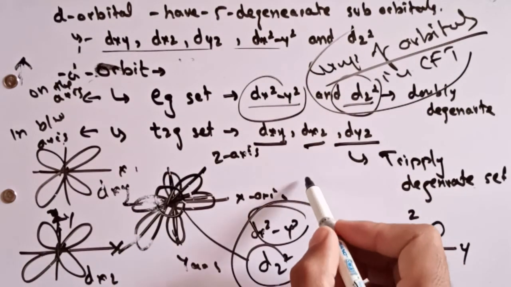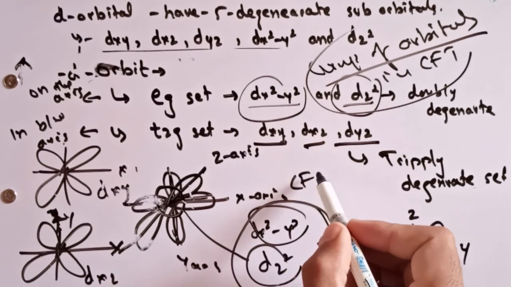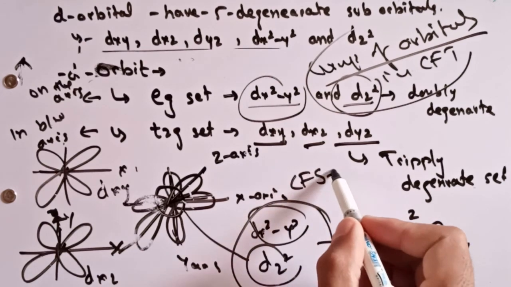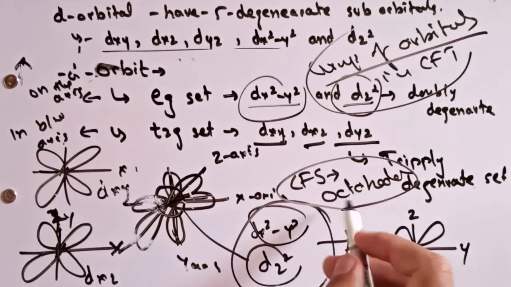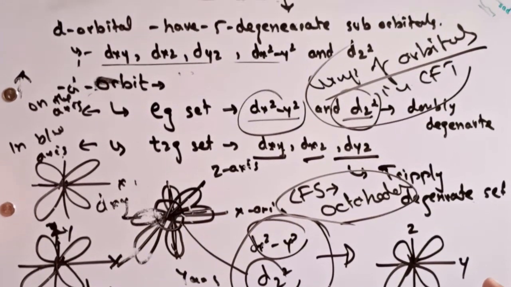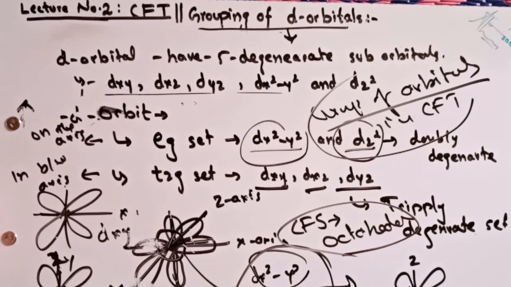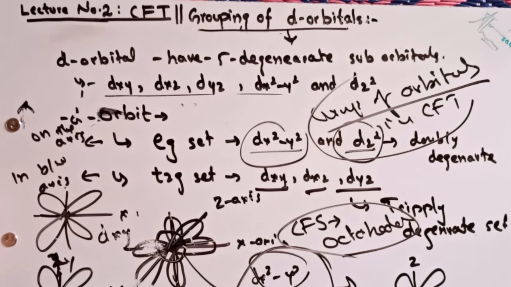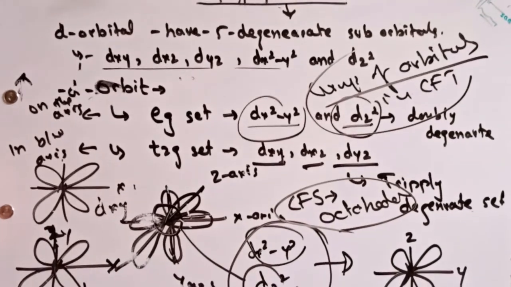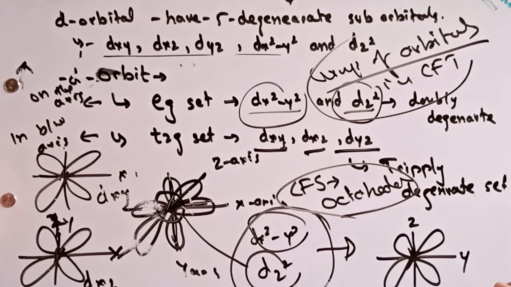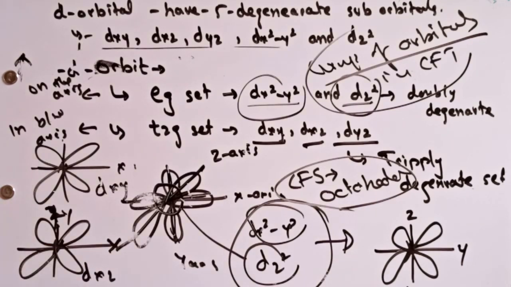In the next topic we will discuss crystal field splitting in an octahedral complex, how octahedral complexes are formed. In the next chapter we will discuss that. This is our lecture number 2 of CFT, grouping of d orbitals. You can take a screenshot, or you can pause or rewind the video, so that I hope you will be clear.